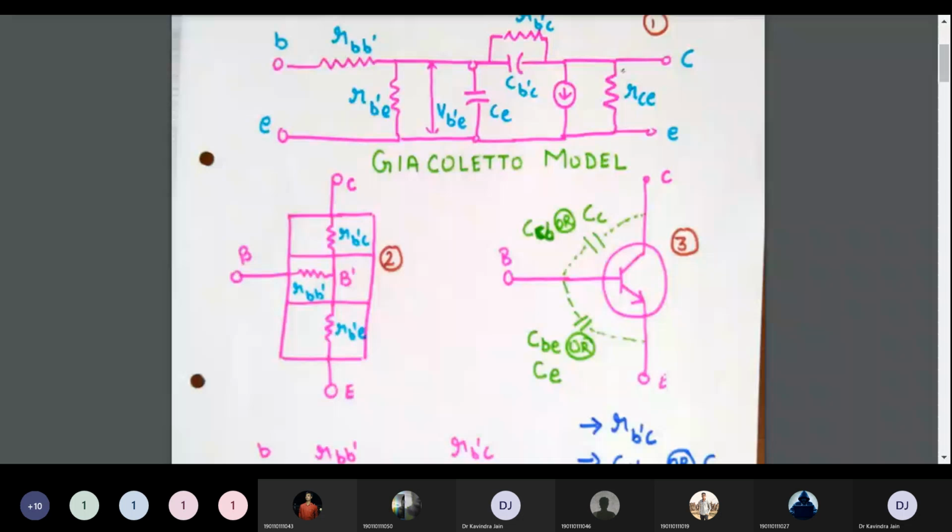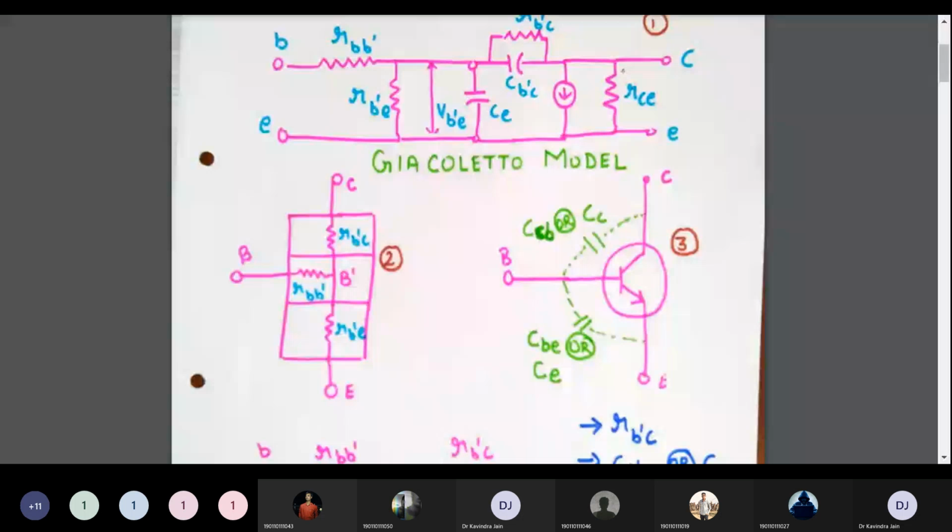The physical resistance between the external base terminal B and the internal node B dash is termed as R B dash B, as you can see in figure number 2.